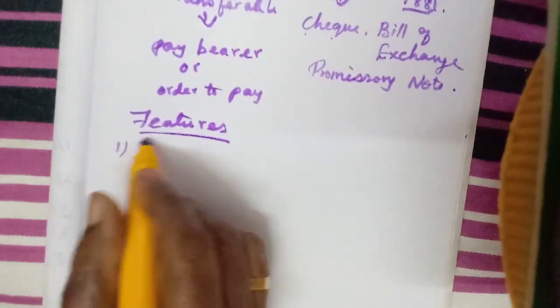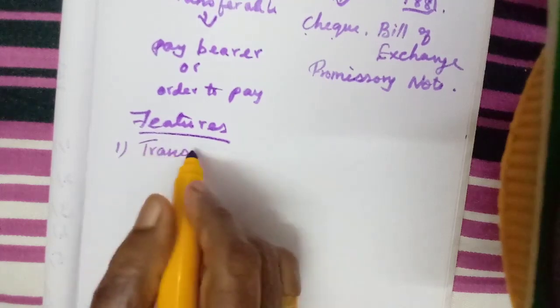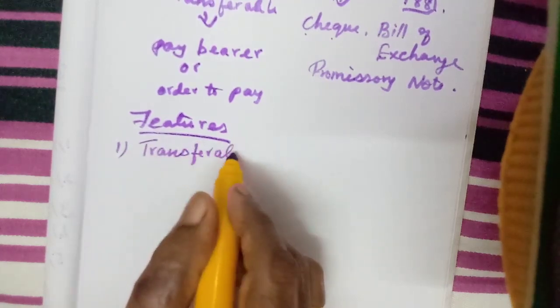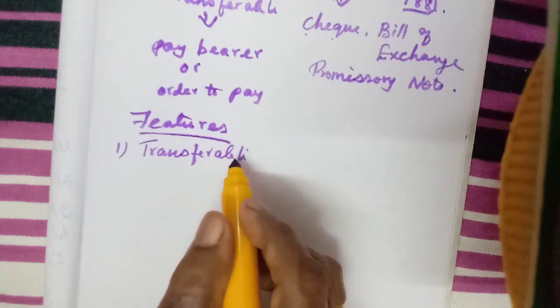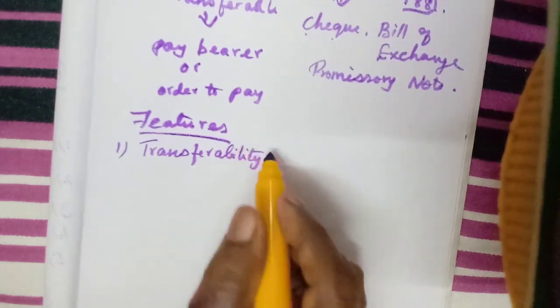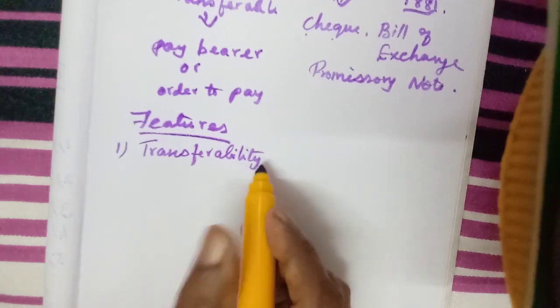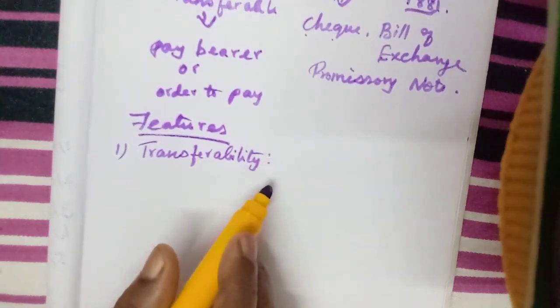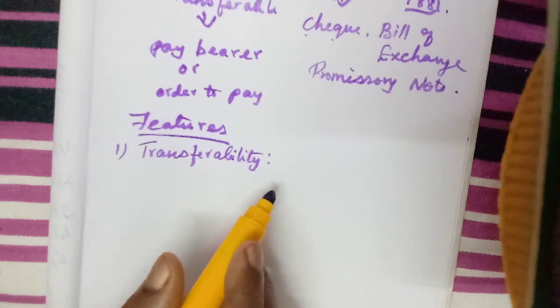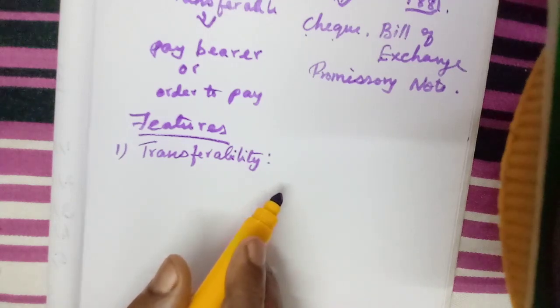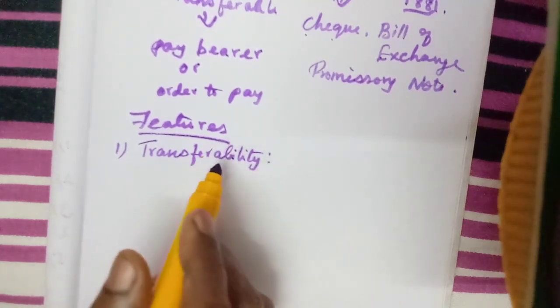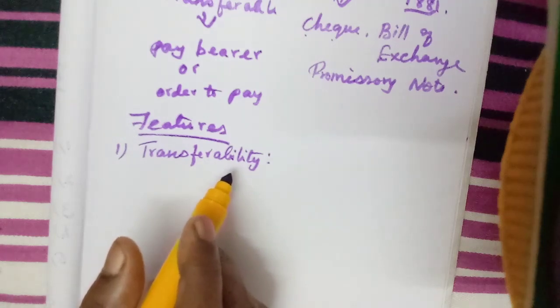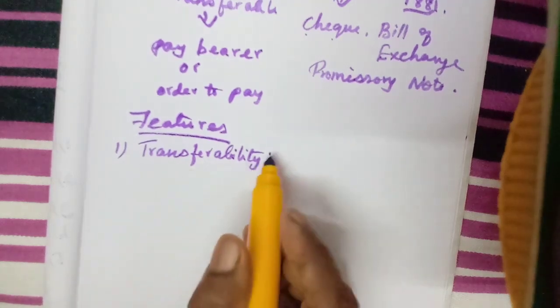The main feature is transferability, isn't it? That is why the name itself is called so. Transferability: the ownership, or title to ownership, or the rights of ownership or property title, can be transferred from one person to another, either by just giving.